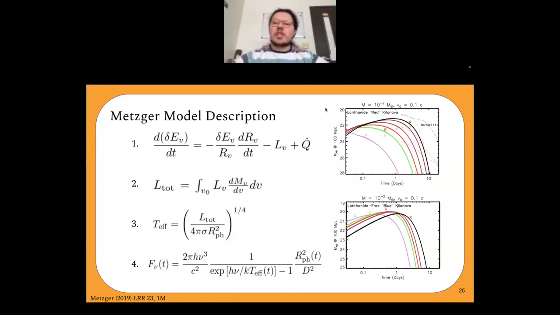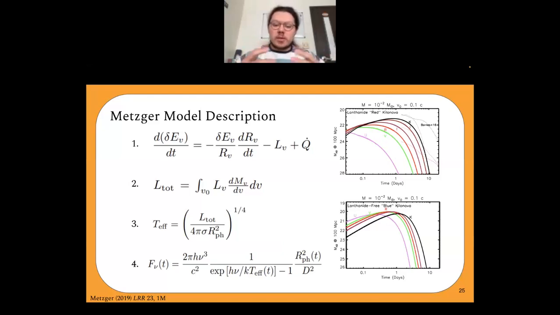So our approach is initially to start with a toy model. This is a toy model from the Metzger 2019 Living Review, which is basically just a black body flux calculation for a kilonova. We're going to be adding a third component, assuming it's a radioactive heating source like the first two.